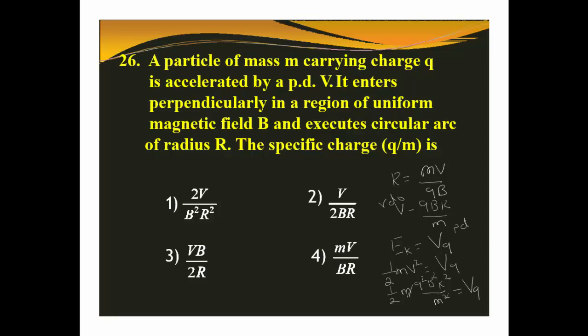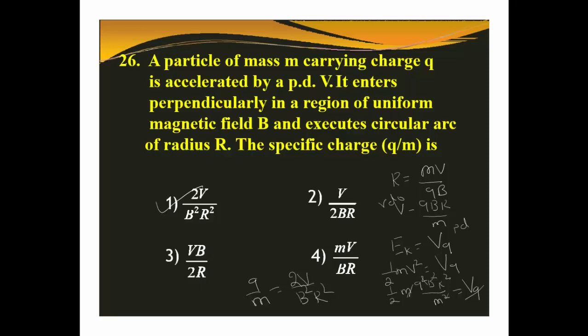Here one q also gets cancelled. So q by m can be written as 2V, and B square r square comes to the denominator. After solving this, you will get 2V by B square r square. So option 1 is correct.